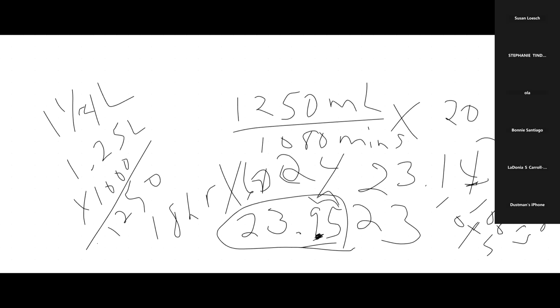So you can't leave it 23.9. You have to round it up, and by pushing this up to 0, it's going to make that 24. You understand why? It can only stay the same if this number is a 4 or less.